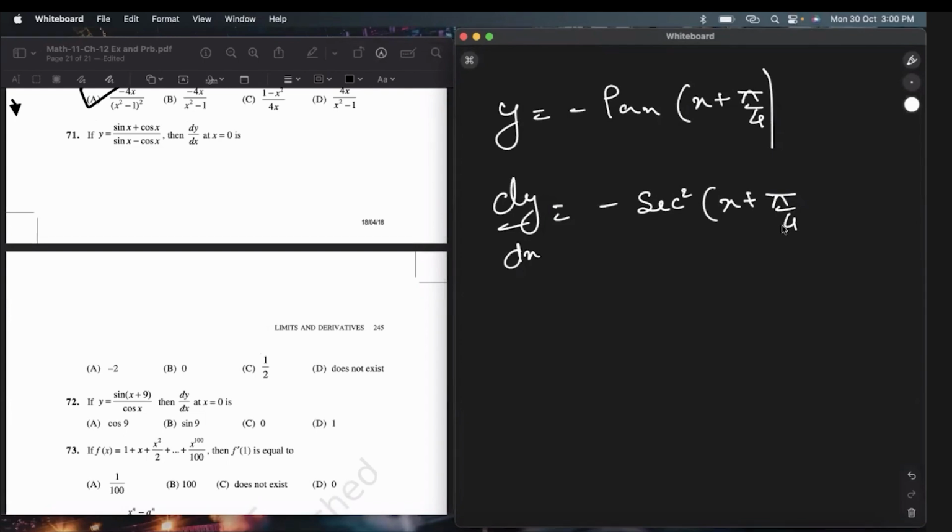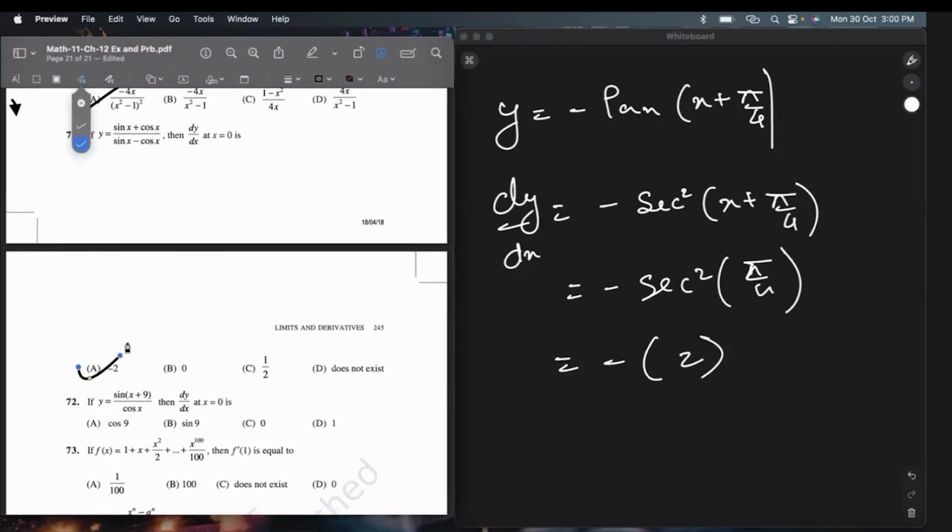The value of x is going to 0. So minus sec square pi by 4 will give me a value of minus 2. Alright, sec pi by 4 is root 2, so sec square will be 2. Yeah, so minus 2 is the first option itself. Alright.